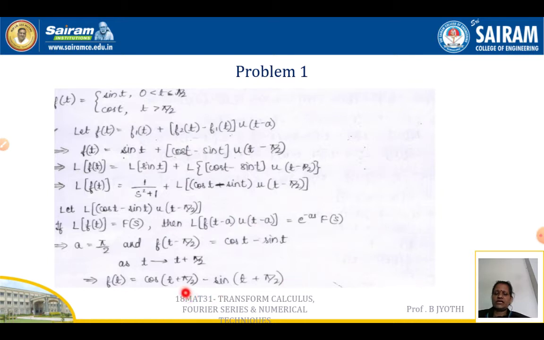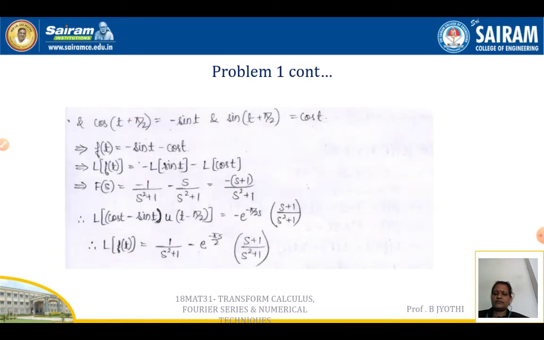When we take pi by 2 plus t, it will be in the second quadrant, where only sine will be positive. So cos of t plus pi by 2 will be minus sin t, and sin of t plus pi by 2 will be cos t, because sine is positive.